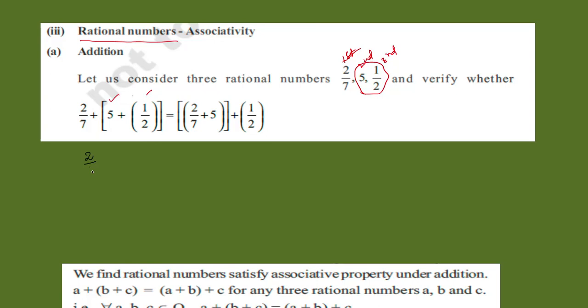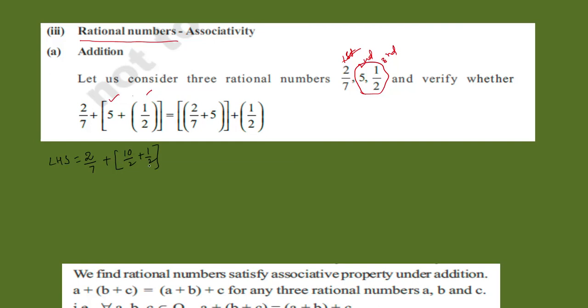You write the first number as usual. This is the LHS: 2 by 7 plus the sum of 5 and 1 by 2. That means 2 fives are 10, so 10 by 2 plus 1 by 2.